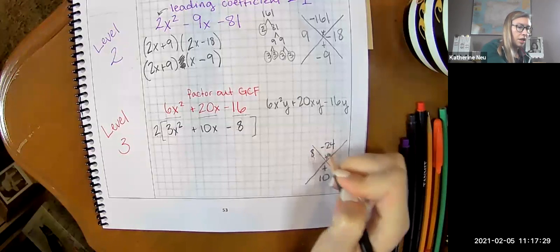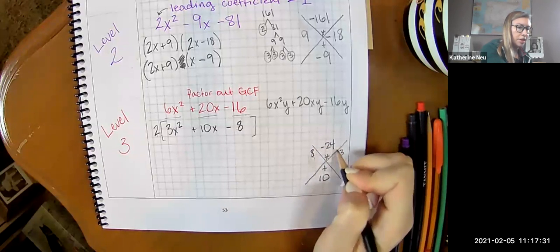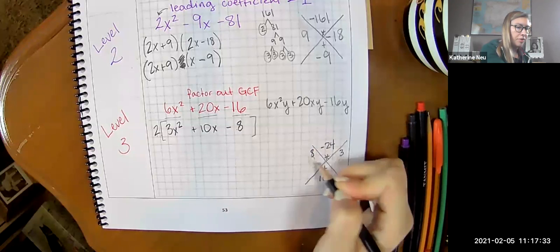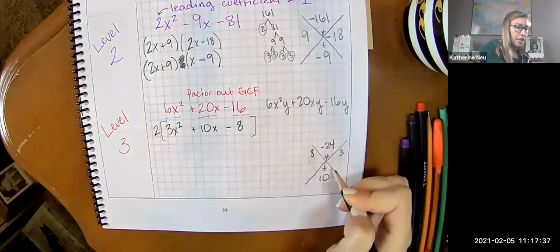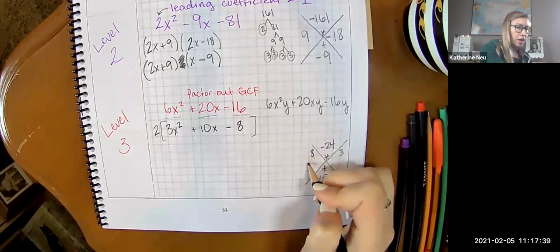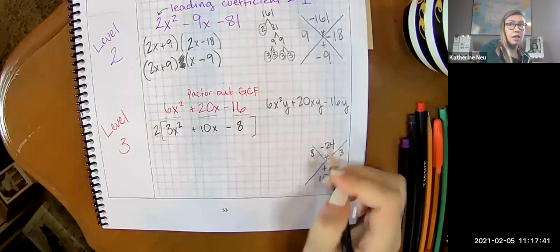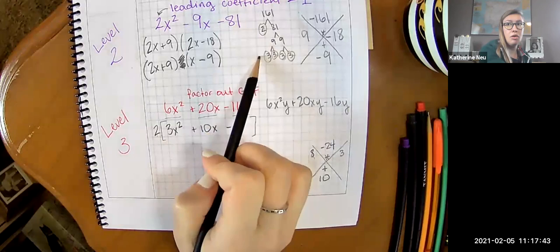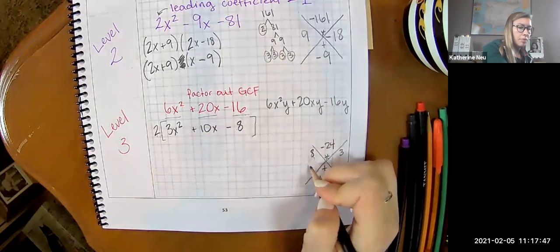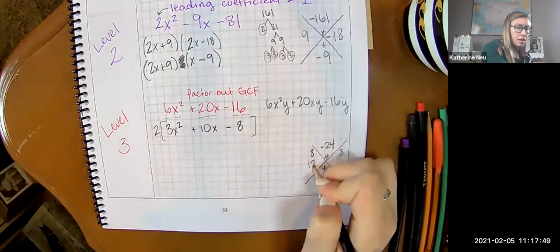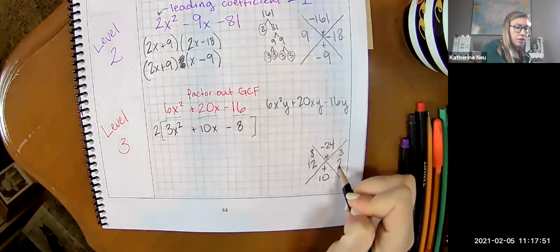I originally thought 8 and 3, which multiply to 24. But no matter how I play with the negatives, I'm not going to quite get to 10. So that's not right. I could also figure out all the multiples and then do combinations of those. But I think I see it with 12 and 2.